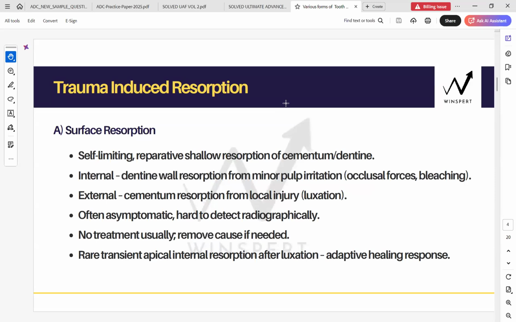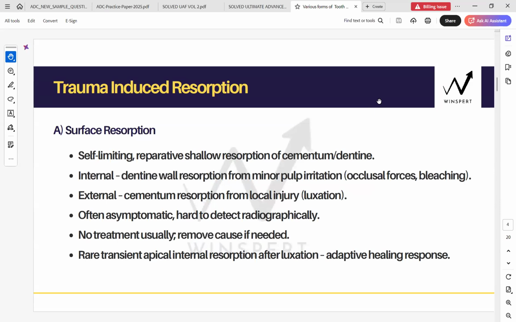It can also begin internally, and then the dentine wall will start resorbing. Now, internally usually will not come from the trauma more so. It would come from some minor pulpal irritation, and predominant reason for internal surface resorption, which is trauma induced, comes from occlusal traumas. So you can maybe imagine higher occlusal forces, and sometimes your bleaching as well, where the pulp gets irritated.